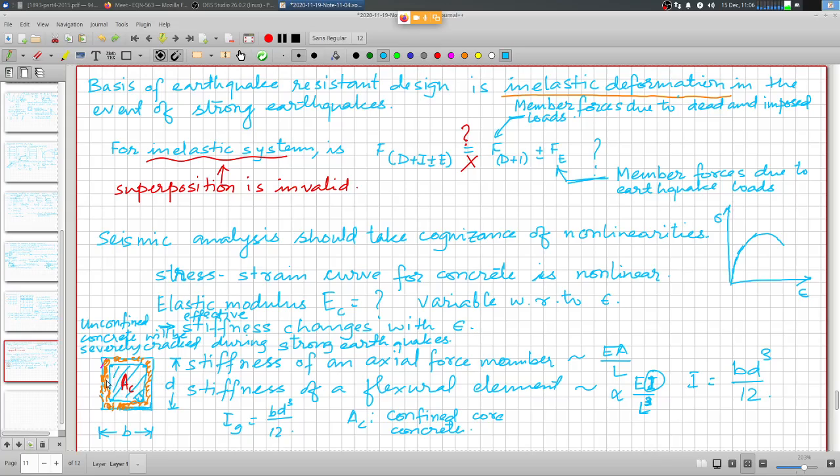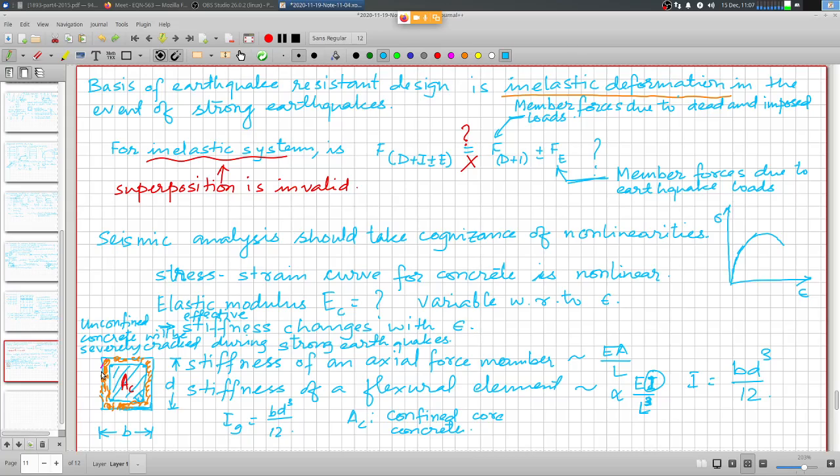So this material is as if it is not there. It's not participating in action at all. It's a completely cracked section and offers no resistance whatsoever, and it is only the confined core inside the lateral ties, the concrete core which is bounded by the lateral ties, that can withstand large amount of strain, and that will be able to participate in structural action.